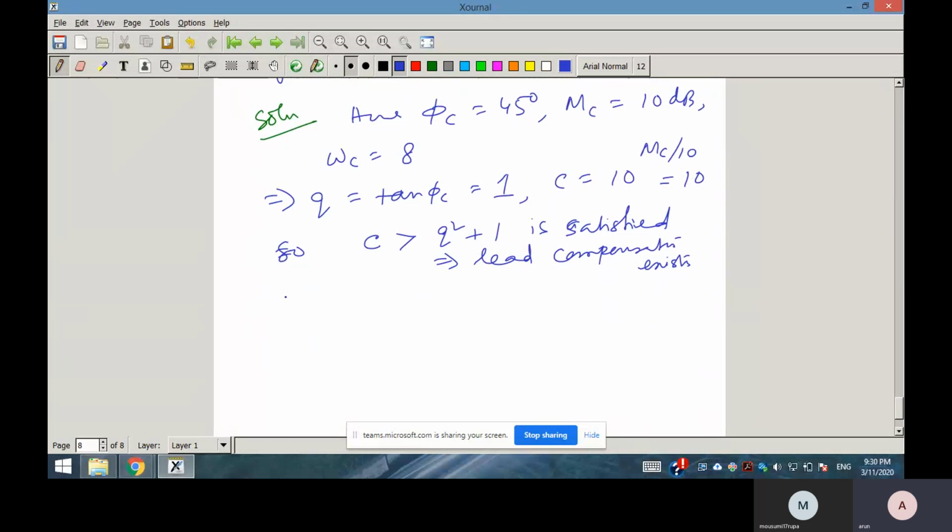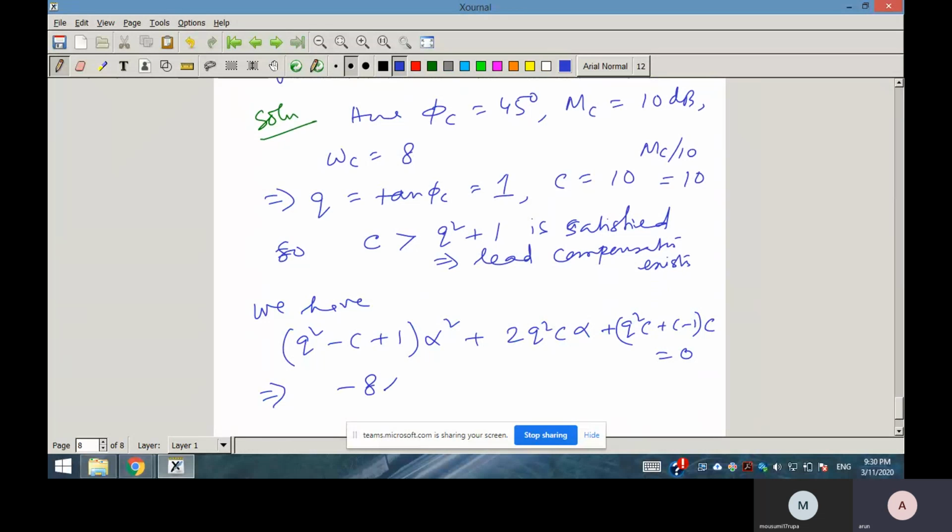Now how to get the parameters? We just solve the quadratic equation: Q square minus C plus 1 into alpha square plus 2Q square C into alpha plus Q square C plus C minus 1 into C equal to 0. If you substitute these values, it will be 8 alpha square plus 20 alpha plus 190 equal to 0.